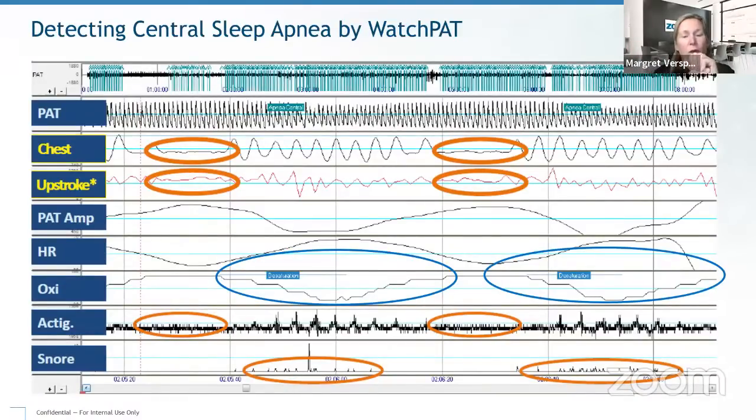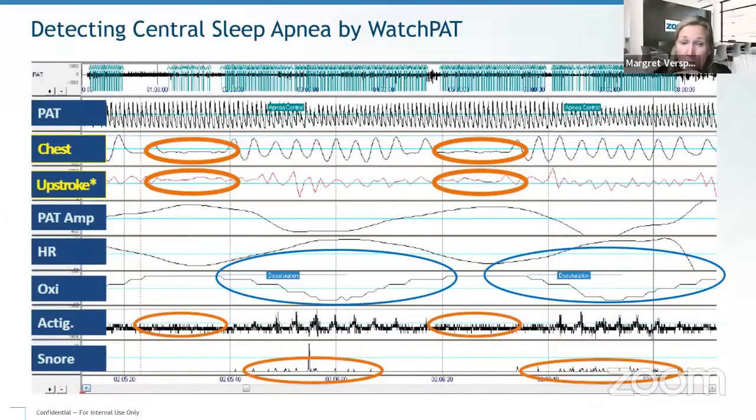When we have central sleep apnea, and I'm talking about Cheyne-Stokes respiration, we see a very symmetric desaturation-resaturation pattern. We see, of course, also in the respiratory movement the periodicity in the breathing with the central events, and related to that, the desaturation, resaturation pattern in the oxygen saturation.